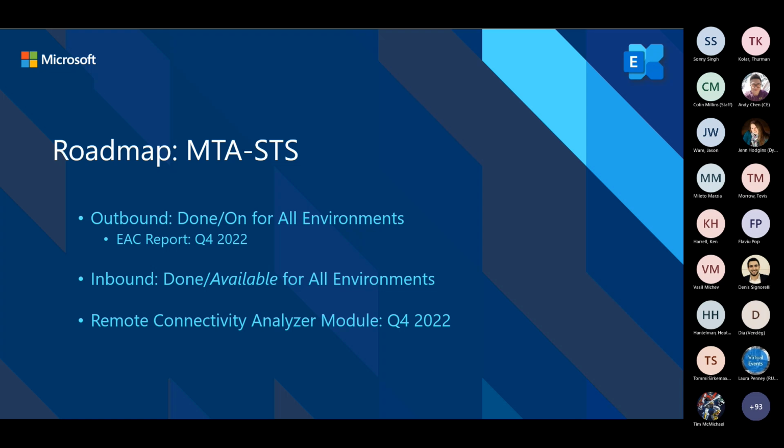We're working on an EAC report that's going to detail outbound MTA STS and outbound DANE metrics, and that will be available later this year. It's going to be focused on success and failures to help the admins. And then for inbound, this is done and available for all environments, but there's some configuration required.